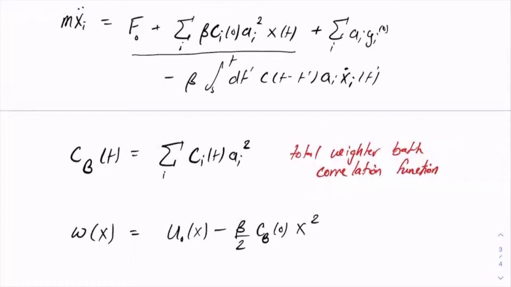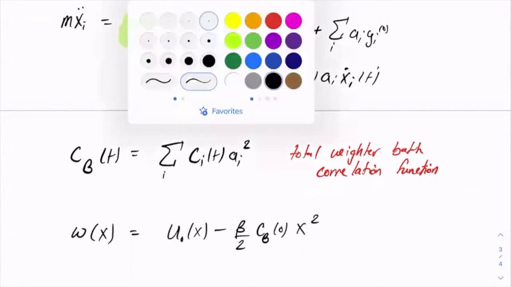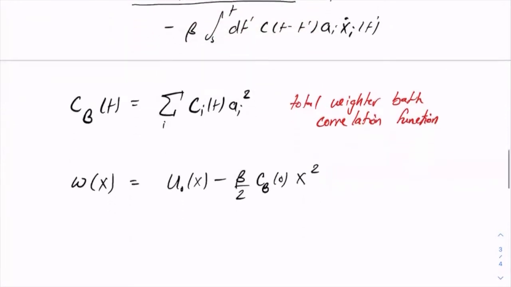So if we take a minus a gradient of that, we will get this force, and we will get this additional force that acts linearly on the solute. So what we see here is that this W acts as a renormalized potential to renormalize the potential that the solute originally evolves in.